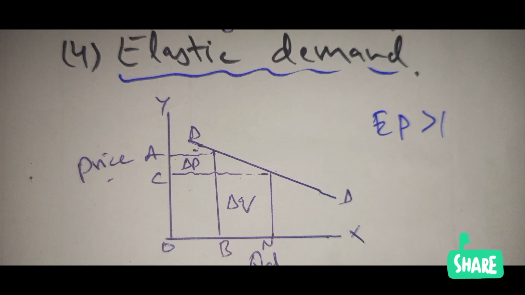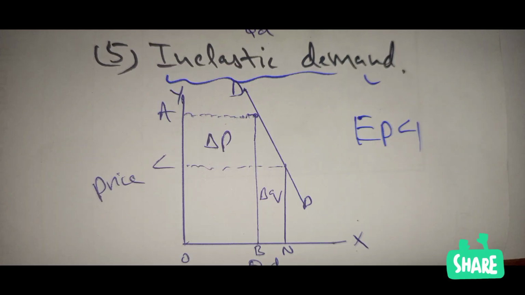Here we can see that we have taken the quantity demanded on the x-axis and the price of the commodity on the y-axis. Both have an inverse relationship. The increase or decrease in price brings a decrease or increase in quantity demanded.